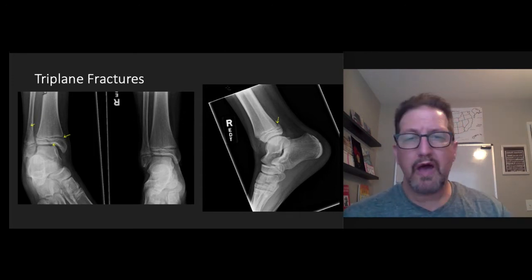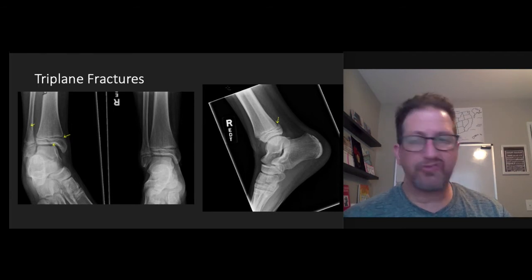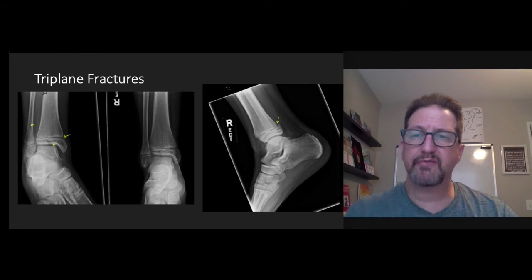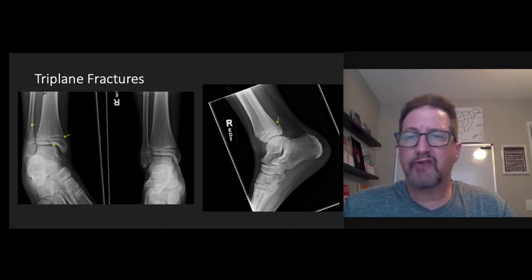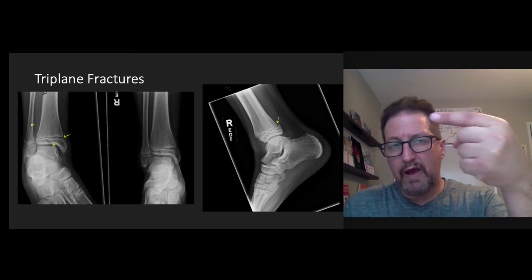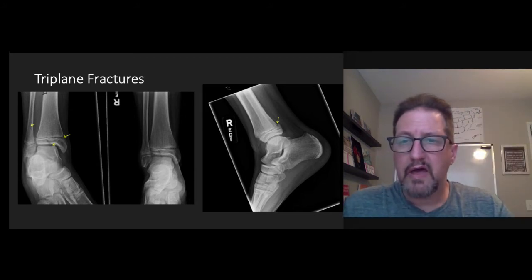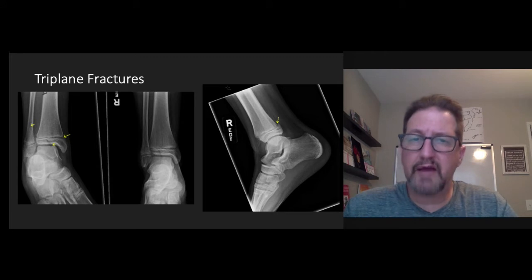So you have to remember that the sequence of ossification is important, especially as it pertains to triplane fractures. You'll remember that this starts in the anteromedial and medial area, and then the ossification sort of wraps around the posterior side and then finalizes at the lateral side where the entire growth plate is then ossified.